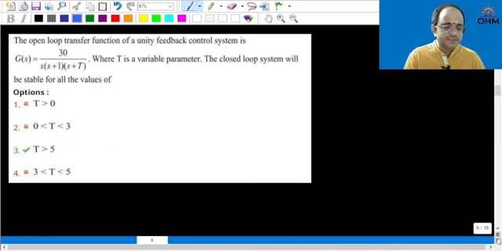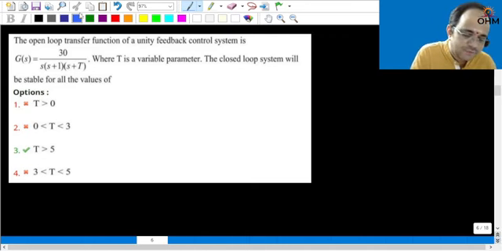The next question is, the open loop transfer function of a unity feedback control system is G of S equal to 30 divided by S into S plus 1 into S plus T, where T is a variable parameter. What is the condition for closed loop system to be stable?